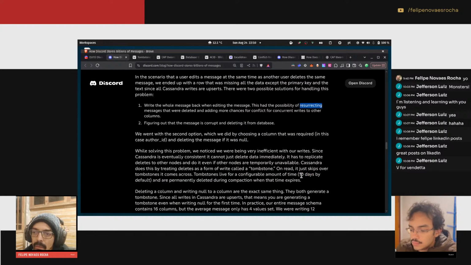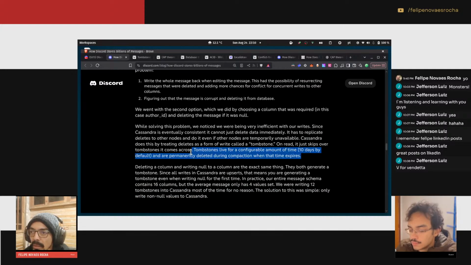If the node is off for 10 days and then comes back, because they don't have tombstones anymore, they can have the information again.